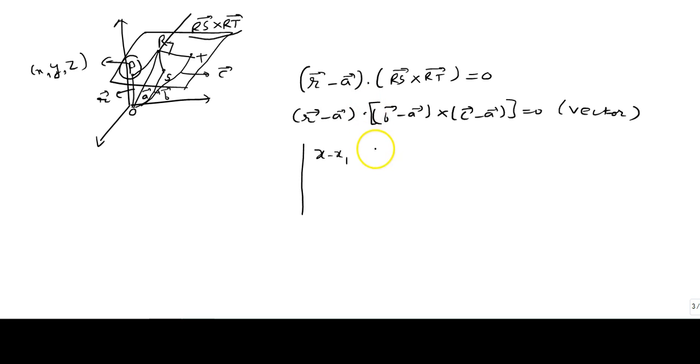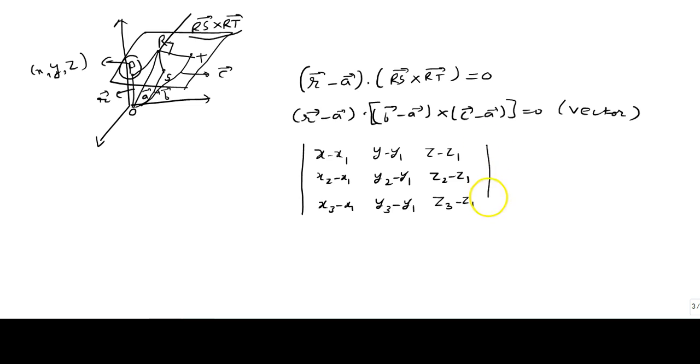If I simplify this equation, then the Cartesian form will come something like this, a determinant: first row x minus x1, y minus y1, z minus z1. Then second row x2 minus x1, y2 minus y1, z2 minus z1. Then x3 minus x1, y3 minus y1, and z3 minus z1 equals to 0.